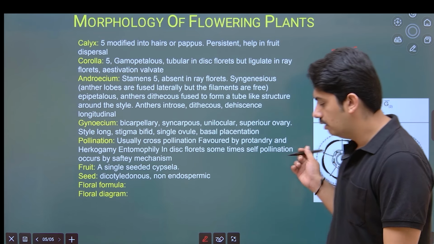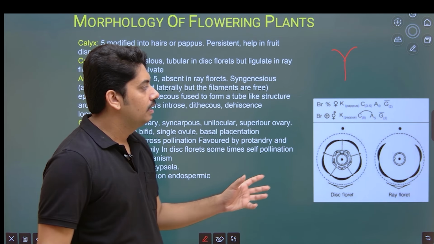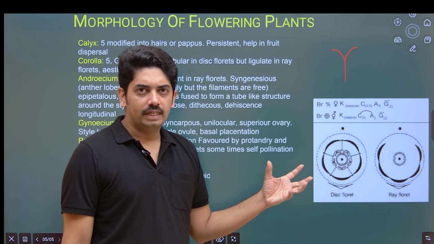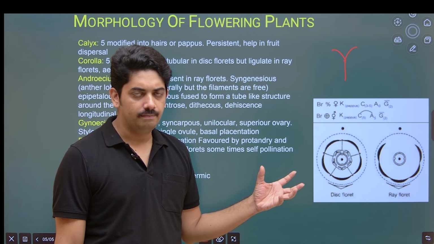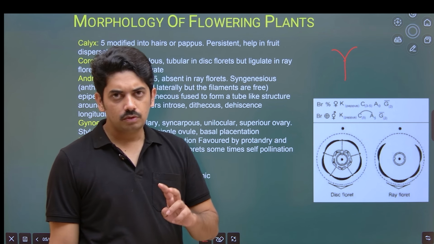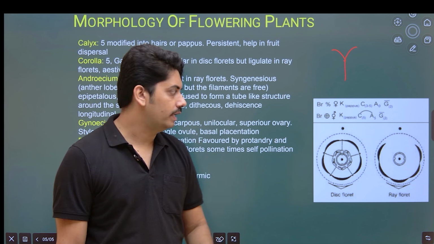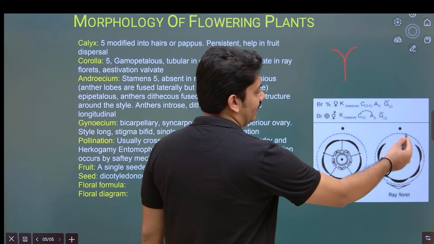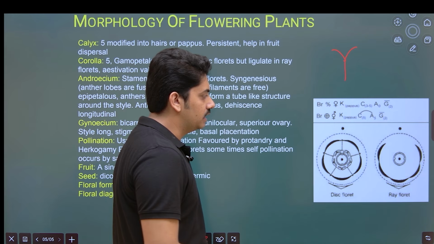And this is the floral formula and floral diagram. This is important. Just observe. Don't get confused about why there are 2 floral formulas and floral diagrams. As I said earlier, the inflorescence consists of 2 types of flowers. One is a disc floret, another one is a ray floret. One diagram is representing the ray floret, another one is representing the disc floret.